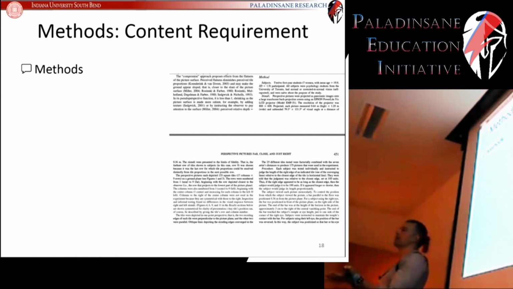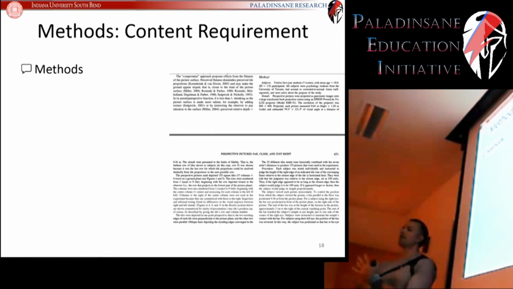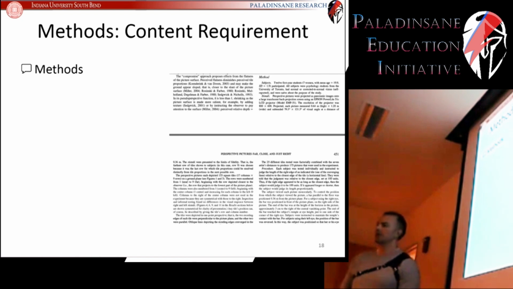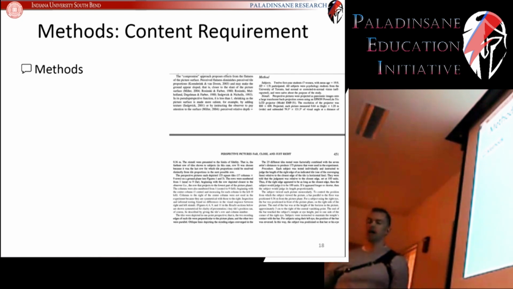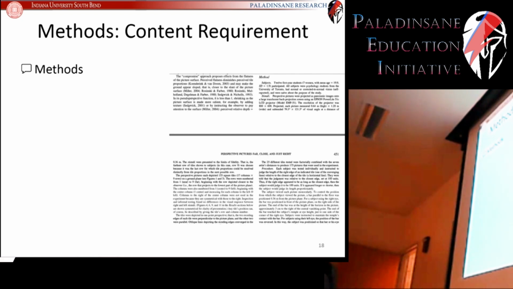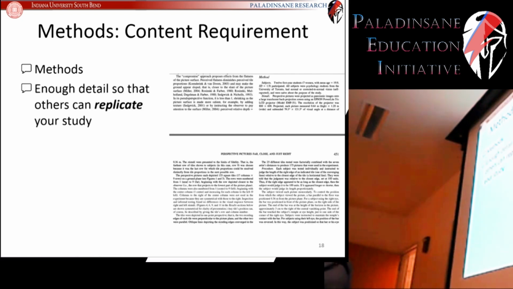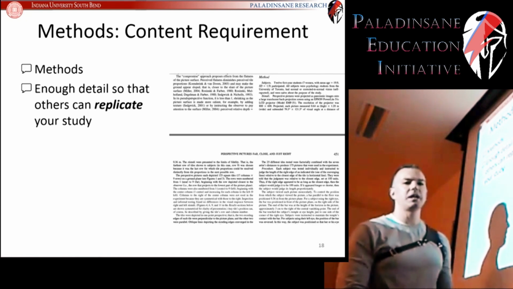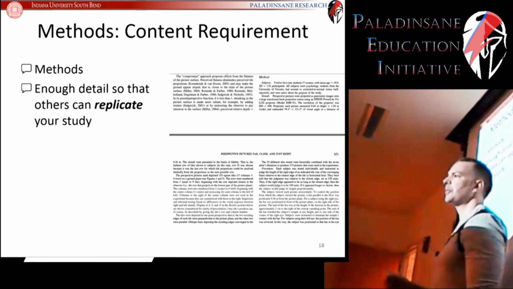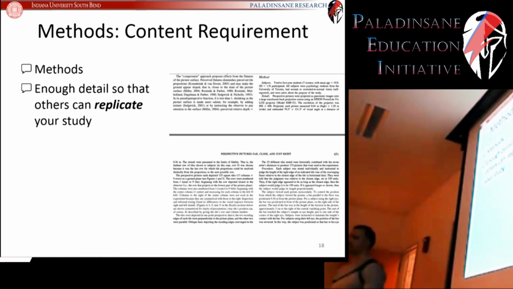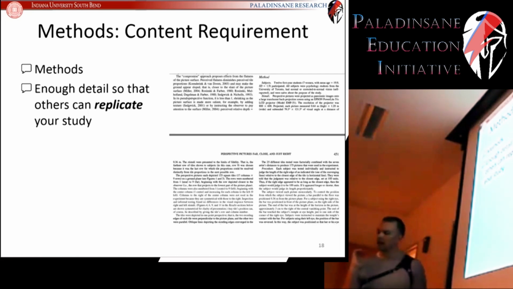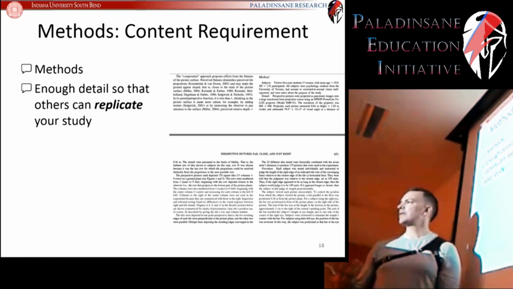So you are literally writing a recipe for the experiment so that somebody else could read that recipe, and much like a cookbook, instead of baking a cake, they can bake a very nice experiment. So in the method section, you need to put in enough detail so that other people can redo or replicate your study. That is your guiding light when you're writing your method section.